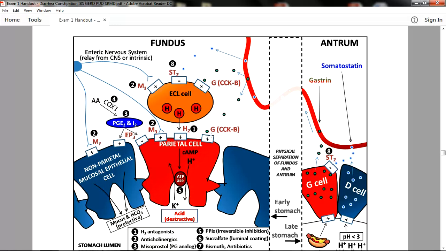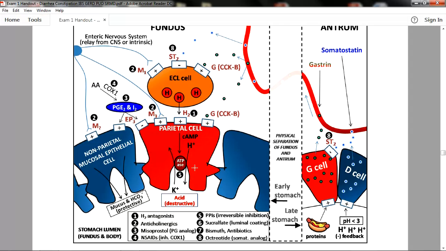And then on the parietal cell, gastrin acts directly through a regular general signaling pathway that I don't really want you to worry about, but it does involve cyclic AMP, and that activates the proton pump to pump protons, also known as acid, into the lumen of the stomach.